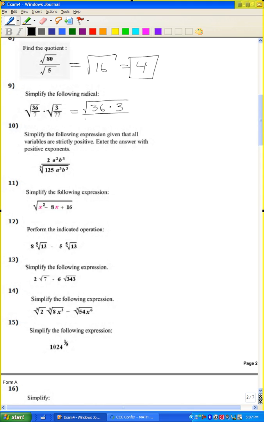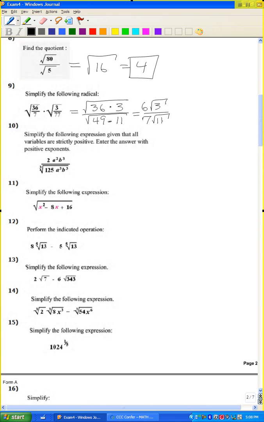Well, notice that 77 is just 7 times 11. So I can write 7 times 77 as 49 times 11. And the square root of 36 is 6. The square root of 49 is 7.